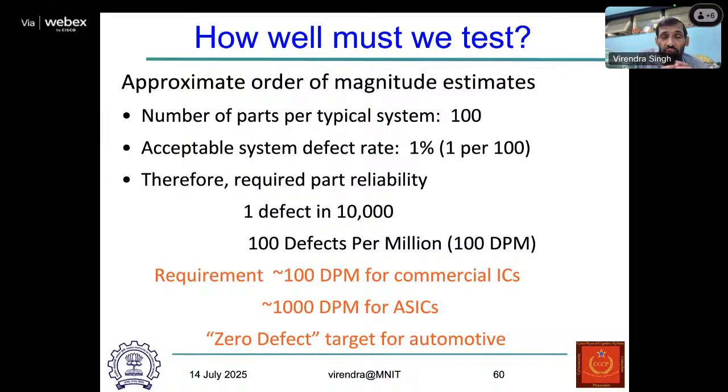But we cannot ensure that there is no defect at all, but the defect level per million manufactured parts should be in single digit. That means less than 10 defective parts per million we can accept if you want to use that part for automotive applications.